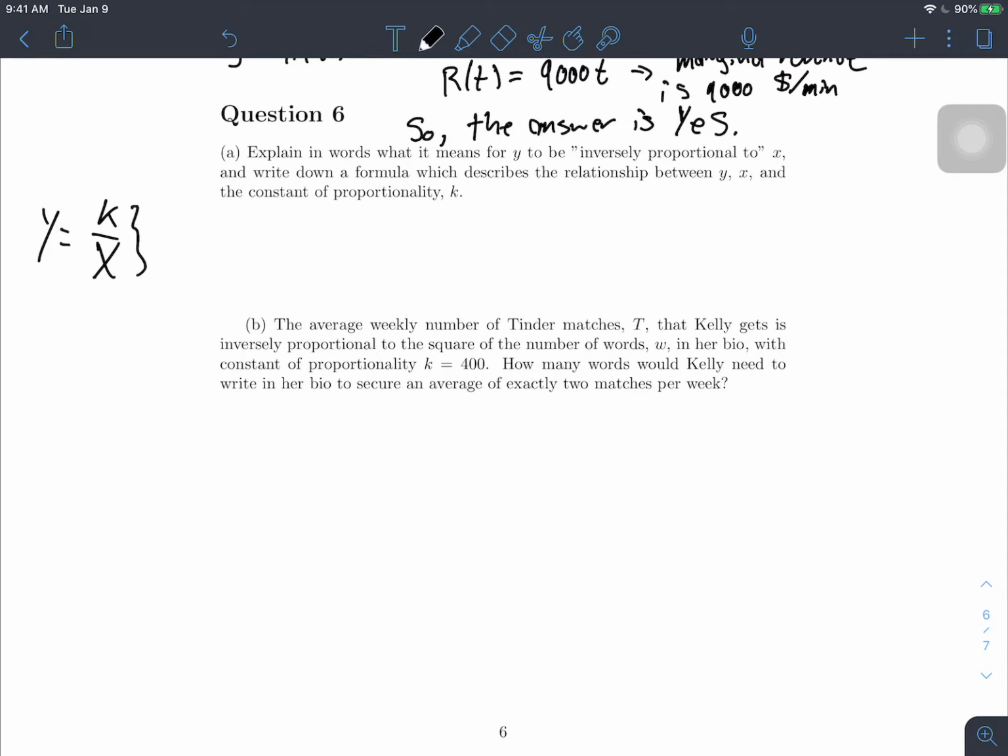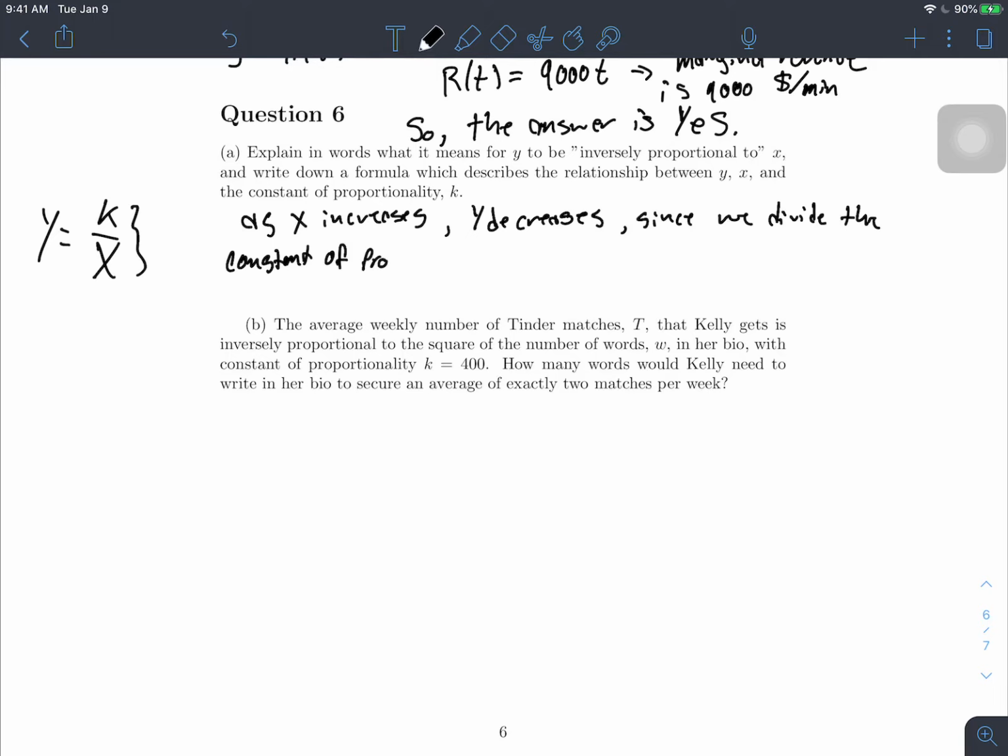So I guess what I would say to explain this in words is, as x increases, y decreases, since we divide the constant of proportionality by x. So bigger denominator means smaller number. Okay, so that's pretty much that part of this problem.